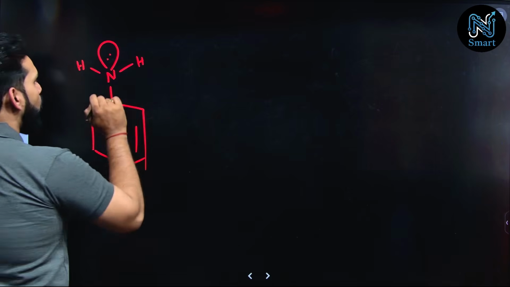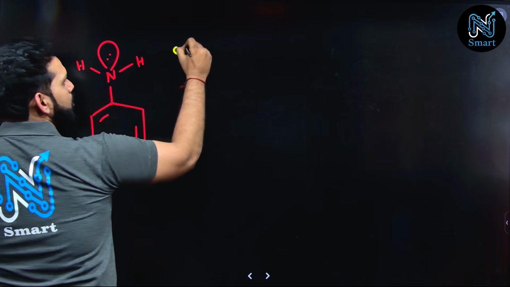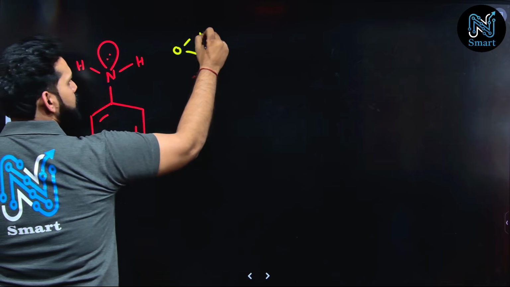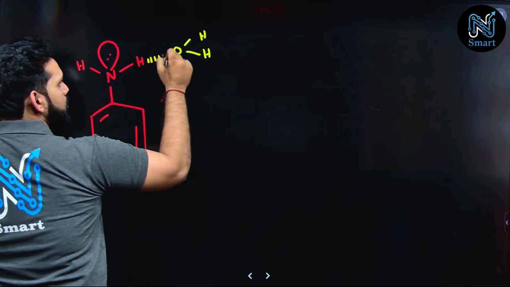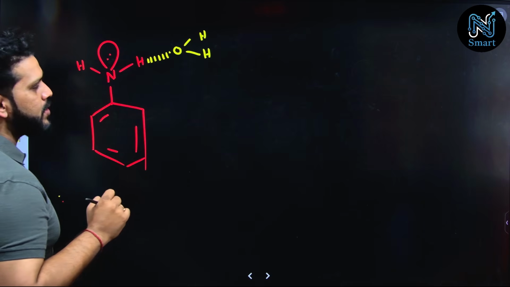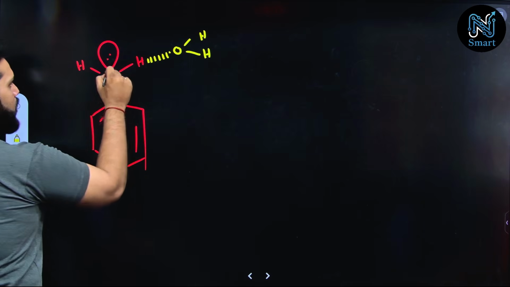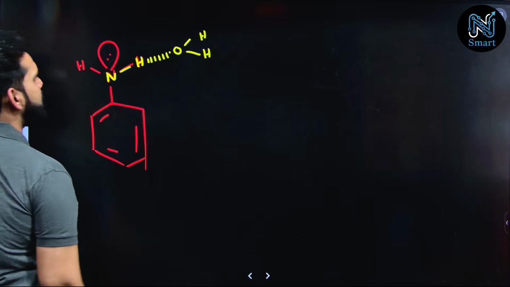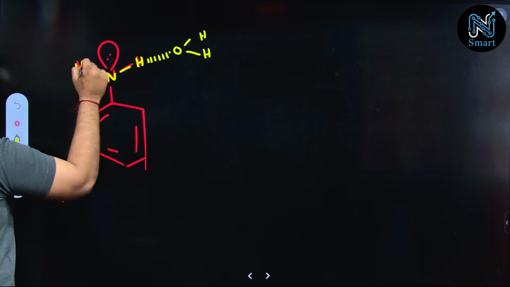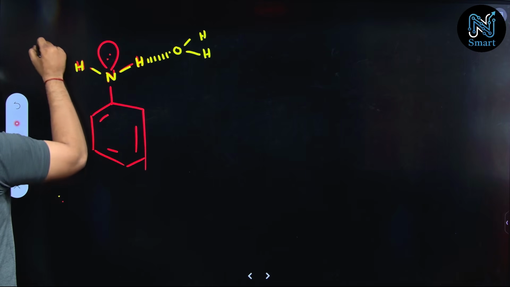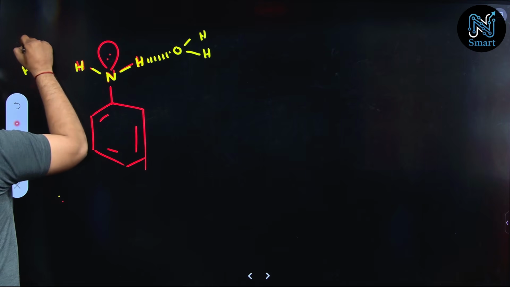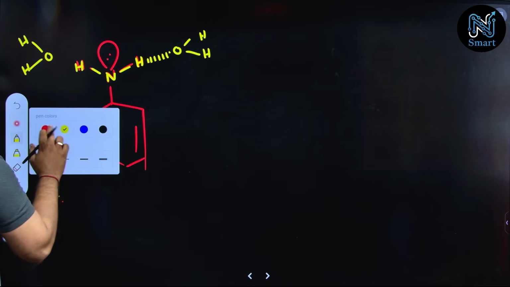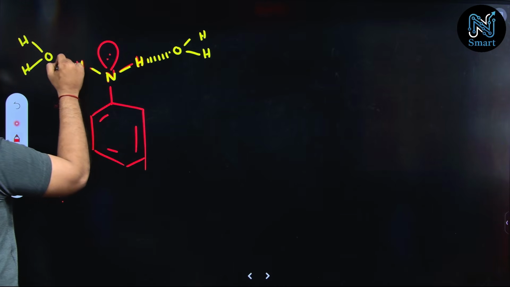See, one will be with the hydrogen site here, correct? Can you tell me where else? If this is your A, this is your H, this is your B, where else can I make the AHB situation? On the other side also. There also there can be a water molecule here. Are we getting this? There will be another hydrogen bonding here.